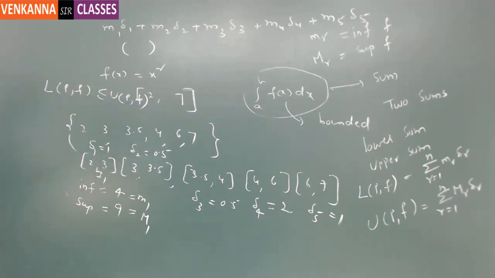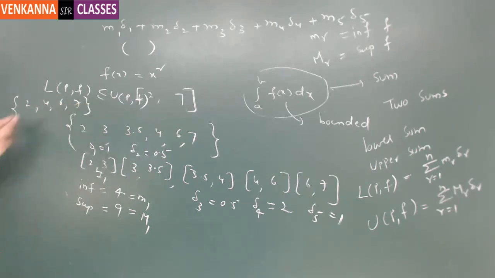Now, one interesting thing here is that the sum is based on the partition, isn't it? So if the sum changes, it means the partition is changed, because we can select a partition on the interval in infinite number of ways. This is the partition I have selected here. You can take another partition as 2, 4, 6, 7.